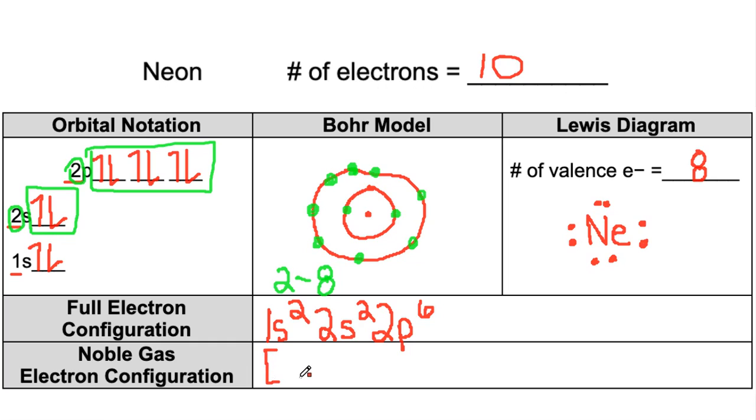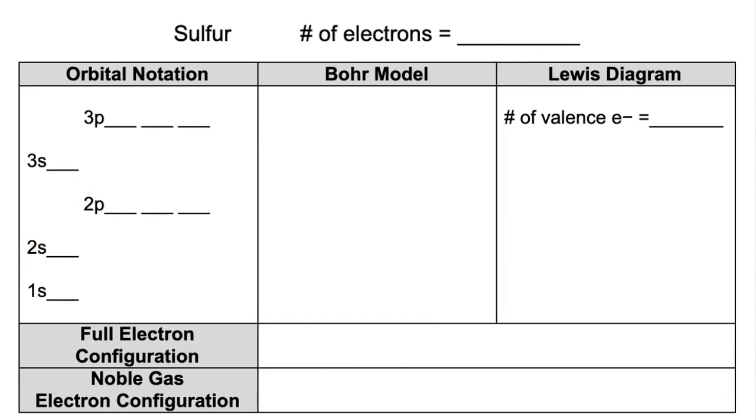Because neon is a noble gas, we could write its noble gas configuration as just Ne in brackets. That's basically shorthand for 1s2, 2s2, 2p6. Brackets Ne symbolizes the full electron configuration for neon. Okay, let's look at the next example.